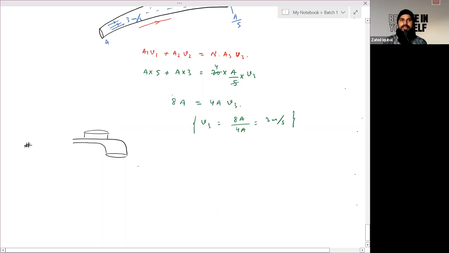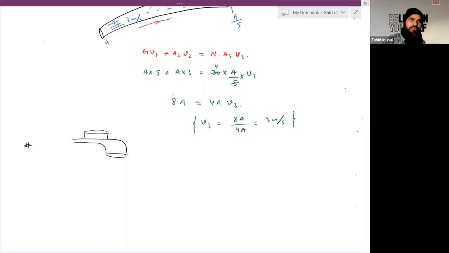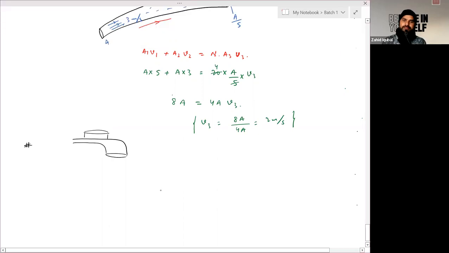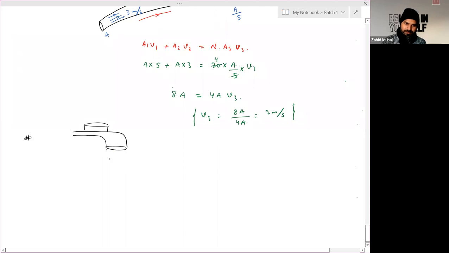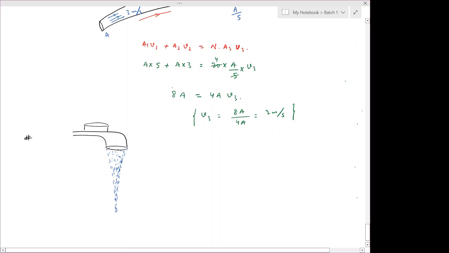So if you open this particular tap and try to observe the shape of stream of liquid coming out of it, it must be like this. Okay, Hamza? Is it clear? Yes, sir.